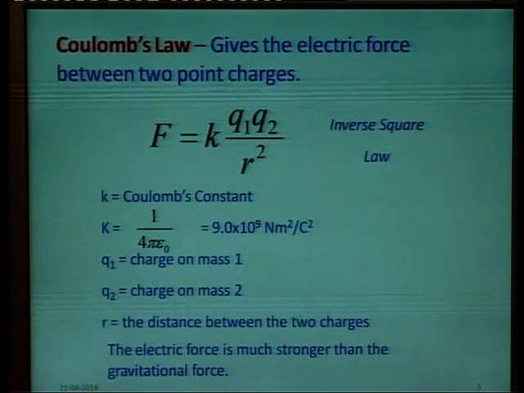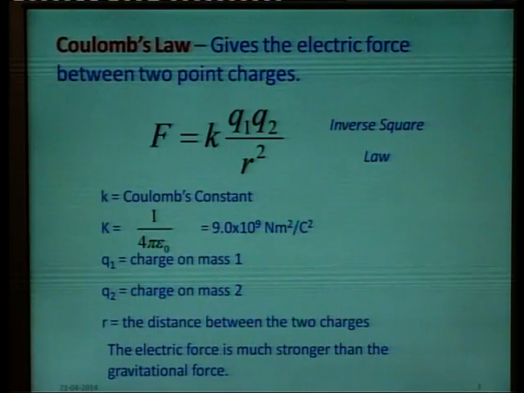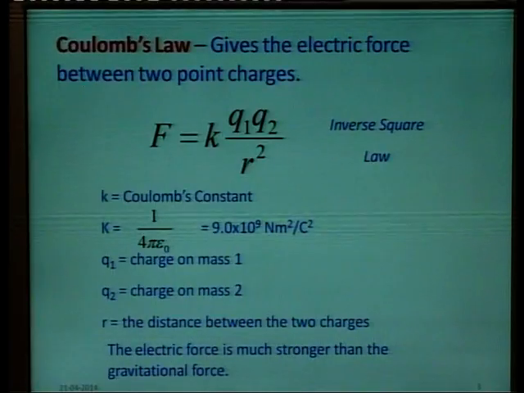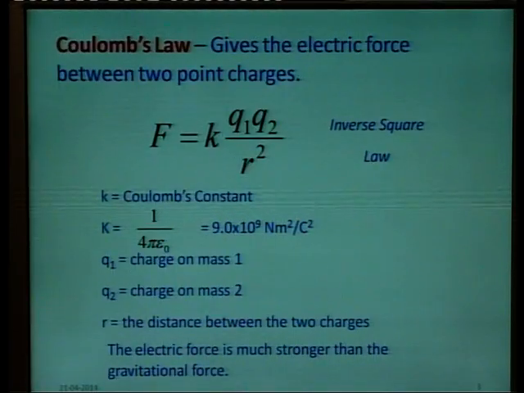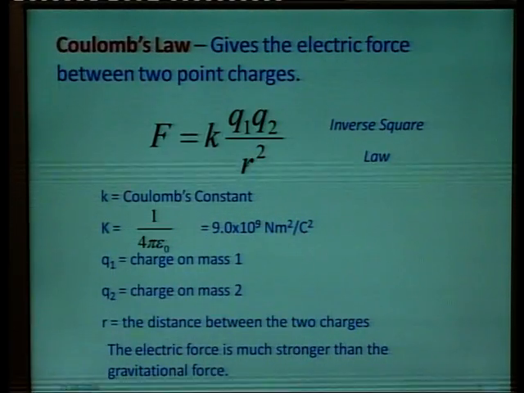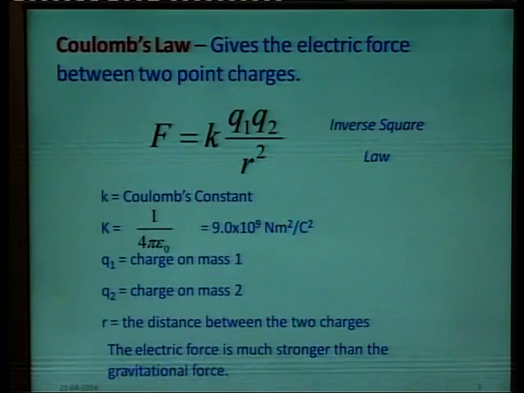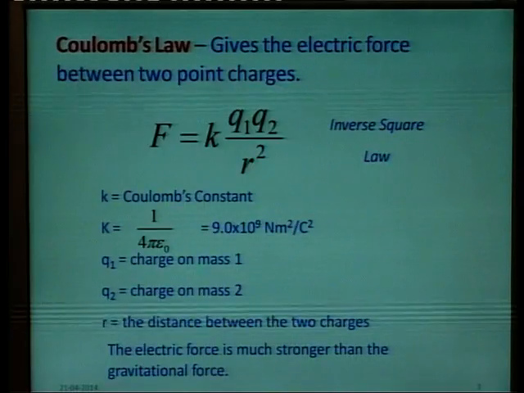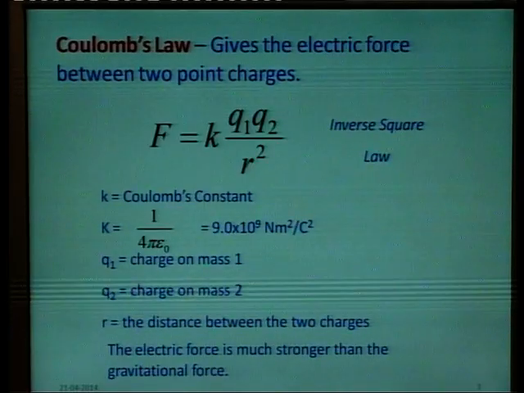If you calculate the value, it comes out to be 9 into 10 the power 9 Newton meter square per Coulomb square. Q1 is charge on some body, on any object. Q2 is charge on another point object. R is the distance between the two charges.